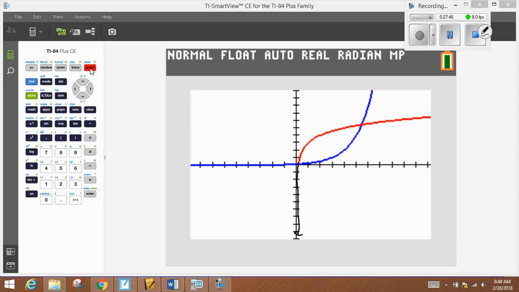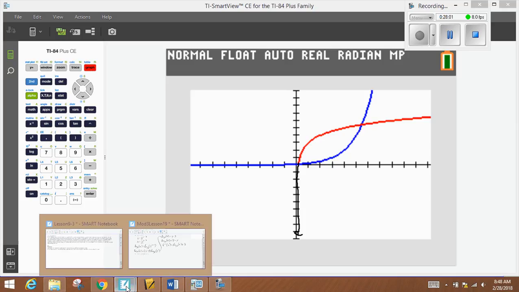It's kind of pretty, right? The inverse. So we have our logarithm, the red is our logarithm and the blue is our exponential function. Kind of fun. Let's do another one.